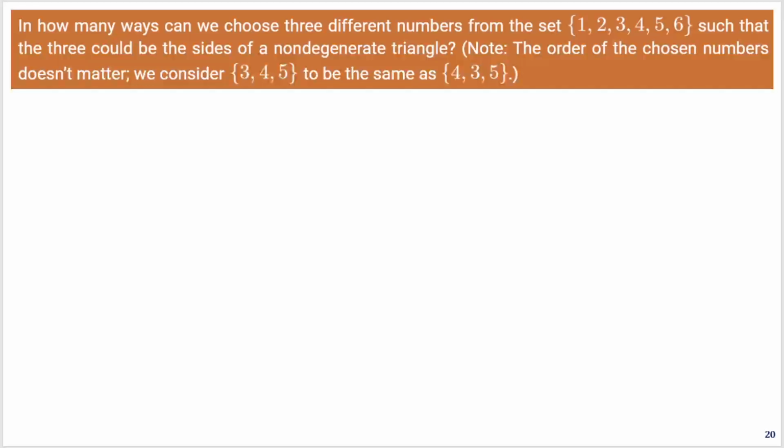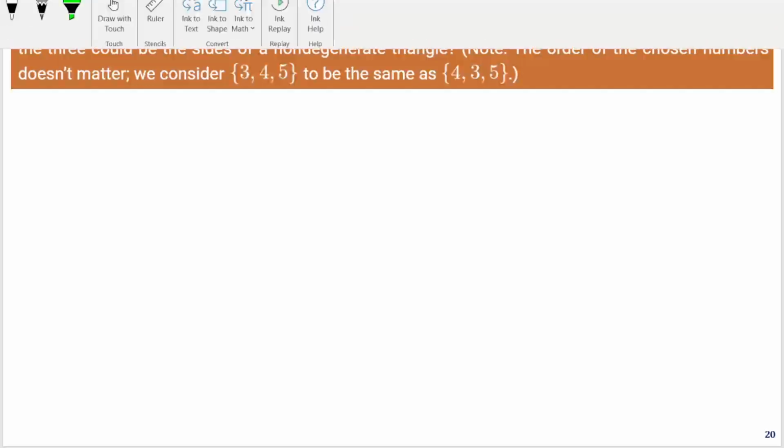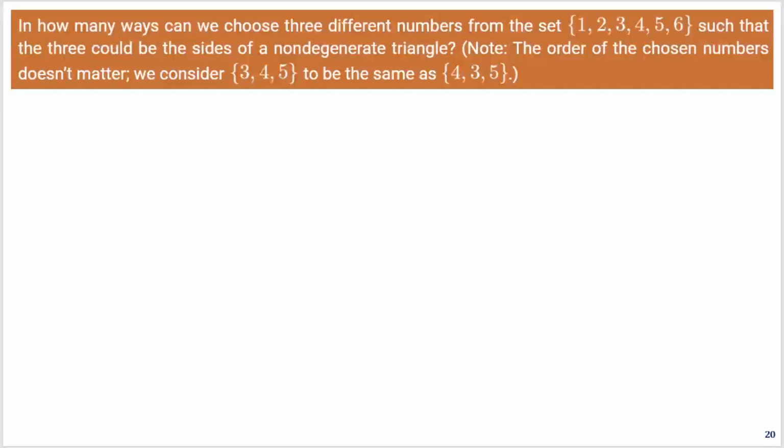So we consider, for example, 3, 4, 5 to be the same as 4, 3, 5. How many possibilities do we have here?